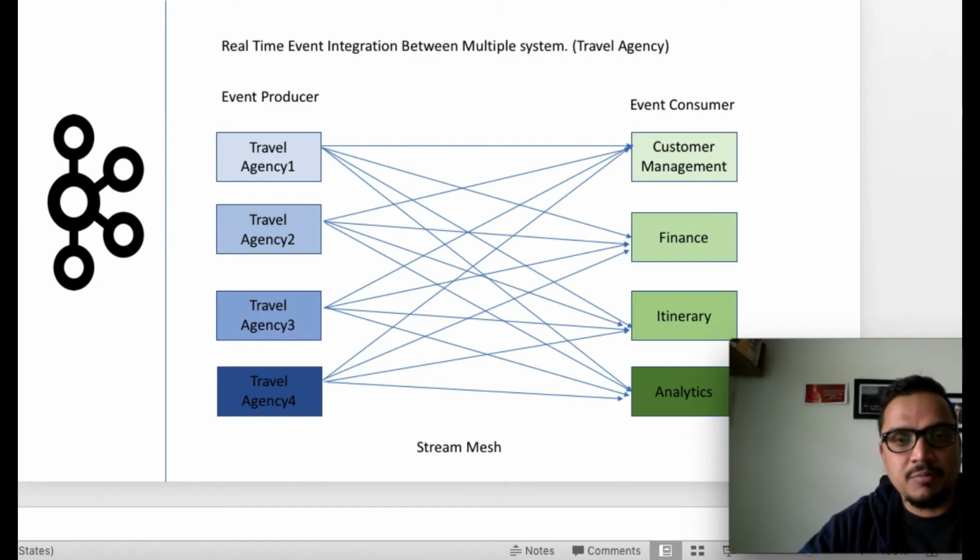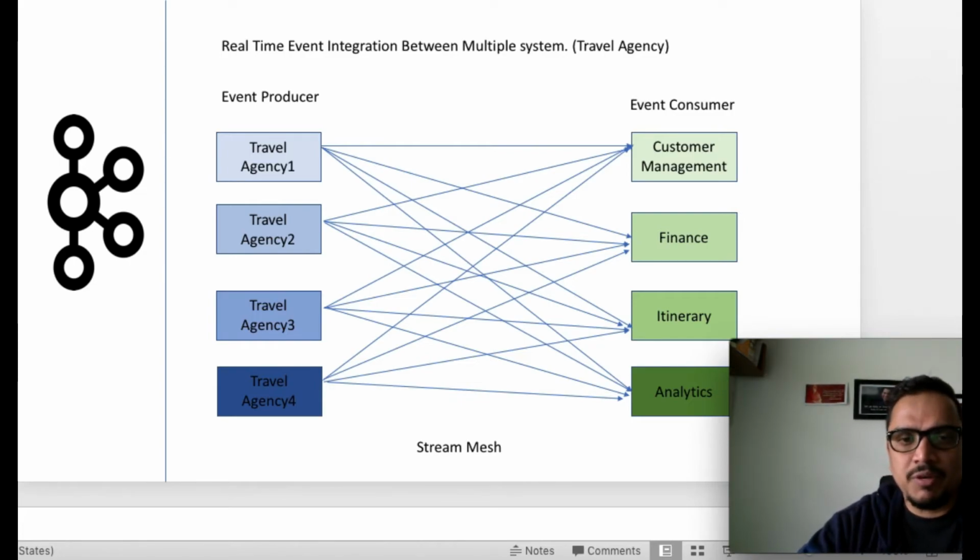If you see in this diagram, one system is connected to multiple systems. What if the finance system goes down at that moment, or the customer system services go down at that moment? Then no real-time integration will be performed. The system will be down for that given moment.